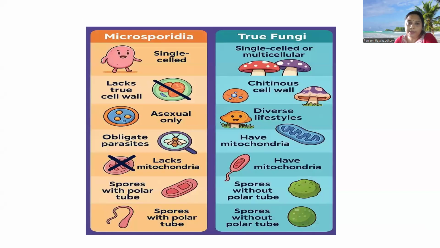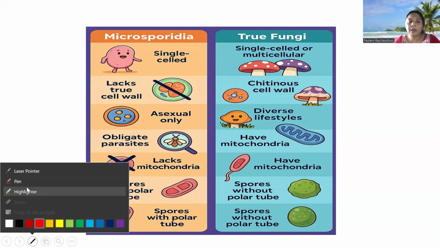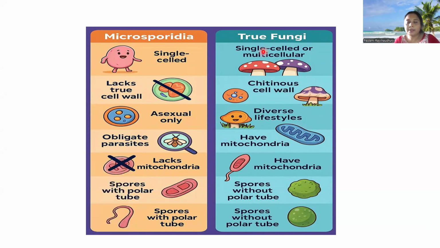So, what are the differences between Microsporidia and true fungi? Microsporidia are single-celled, and true fungi may be single-celled or multicellular. Microsporidia lack a true cell wall, but fungi have a chitinous cell wall. Microsporidia reproduce through the asexual cycle only. True fungi have diverse lifestyles.